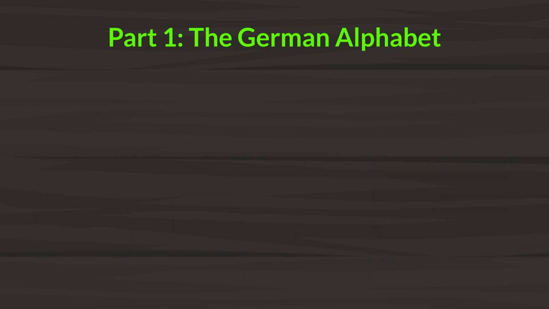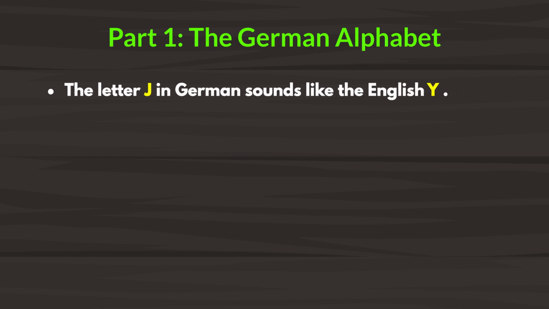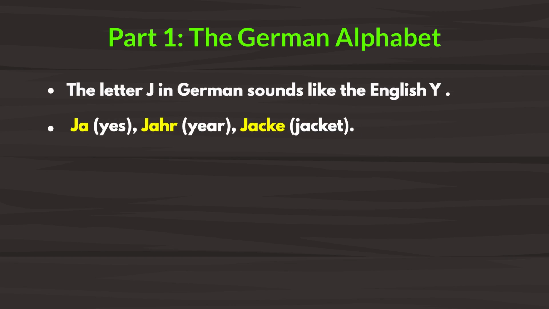Notice that some letters like J and W have quite different sounds compared to English. Knowing these letter names will help you spell words and understand pronunciation better. For example, the letter J in German sounds like the English Y. Here are the example words: Ja, yes; Jahr, year; Jacke, jacket.